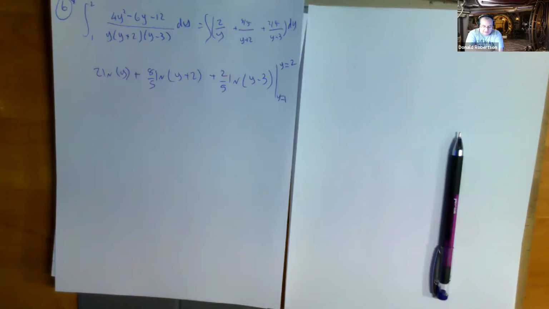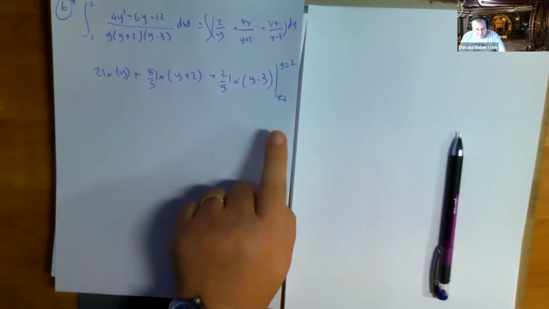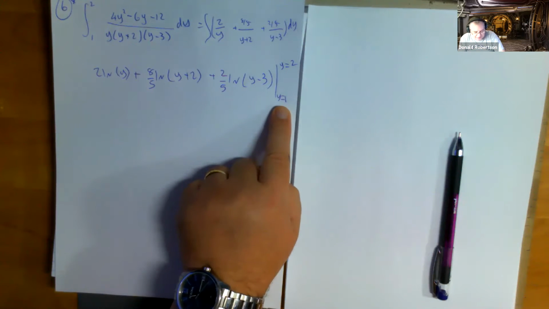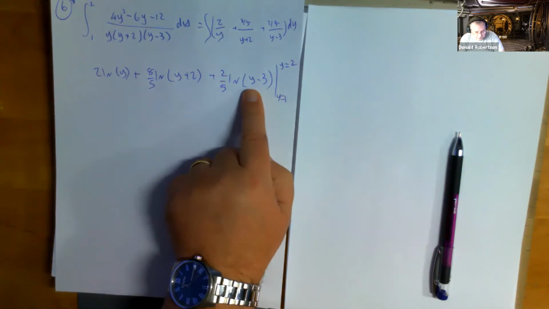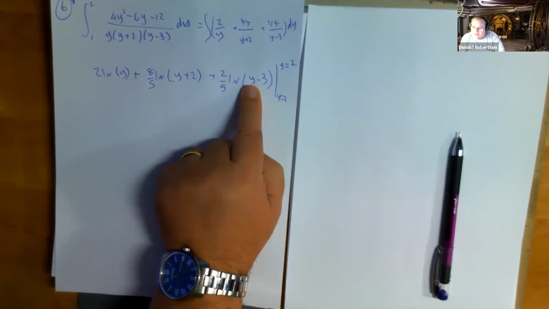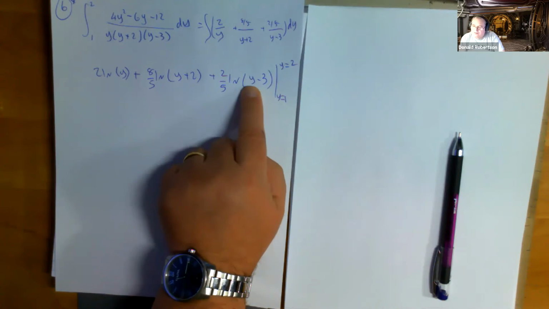Do you know how normally I ignore the absolute values when you do logs? Especially when it's the indefinite ones with the plus c's. But now and again, you have to do it. Can you see that in this question here, if I plug in 2 or 1, I get a rather ugly log?